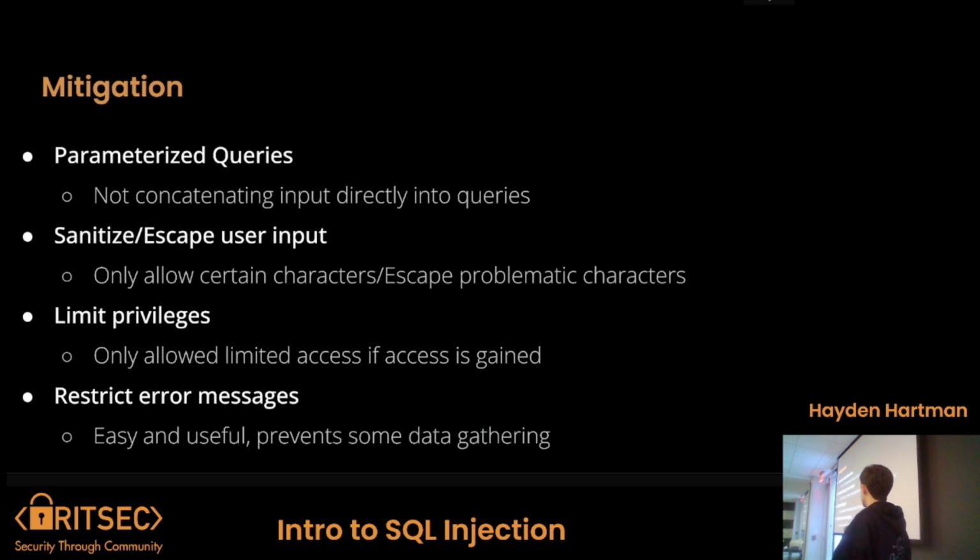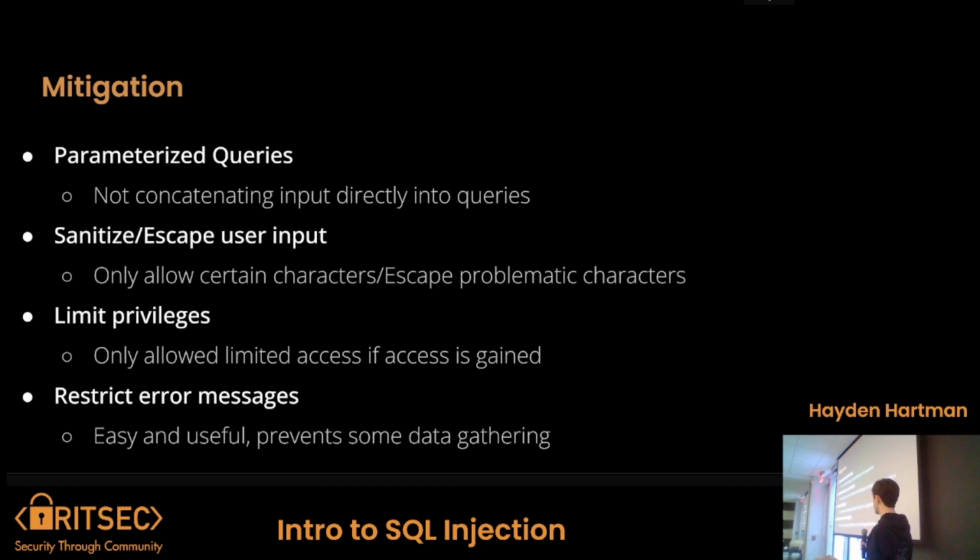So in terms of mitigation, there's a number of different things that you can do. Sometimes you can't always use all of them. It really depends. So there's parameterized queries, which is not directly concatenating the user input right into the query. I'll show it off more, but essentially taking the user input and putting it in as a parameter to actually use it as a proper string.